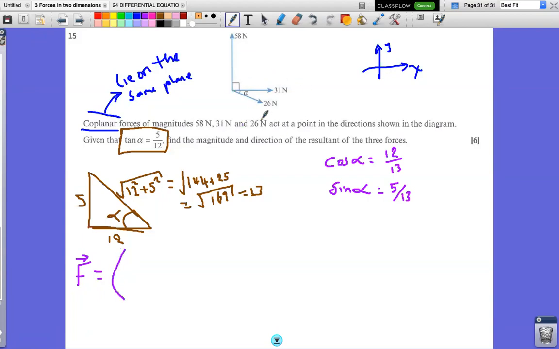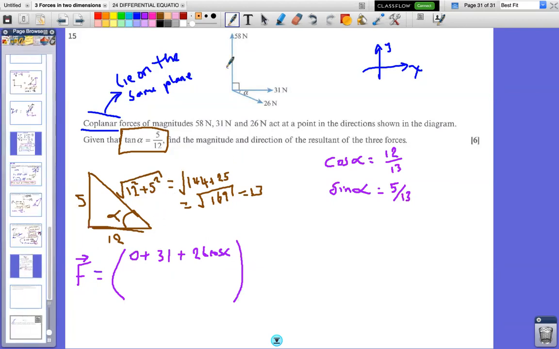In the x direction, this one has no component in the x direction. The x component of this force is 0. The x component of this force is 31. And the x component of this force is 26 cos alpha. And then you look for the sum of the y components.